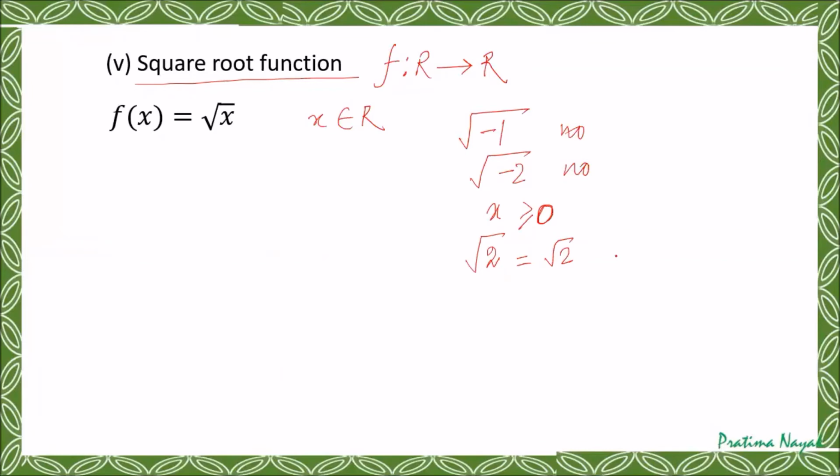The value of root 2, we can take minus root 2, but when we talk about range, we won't take the negative one. Range is always positive real numbers. You should keep in mind, note it. Whenever we talk about it, range is always positive.